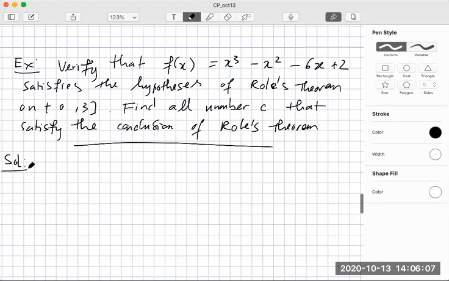So we are asked about Rolle's theorem, right? Therefore, let us review it. Okay?